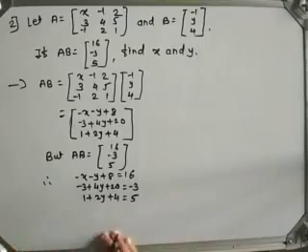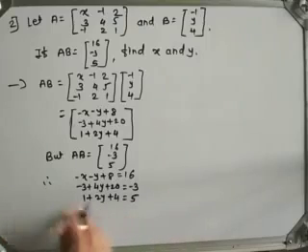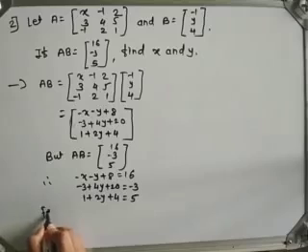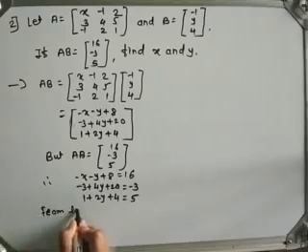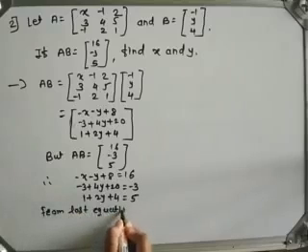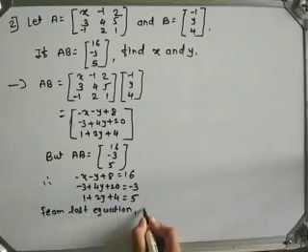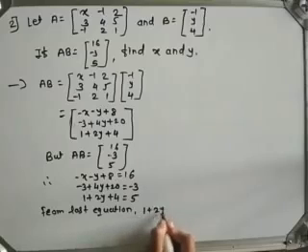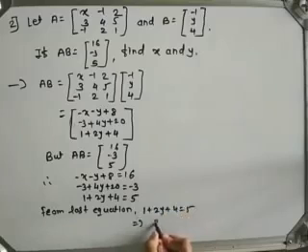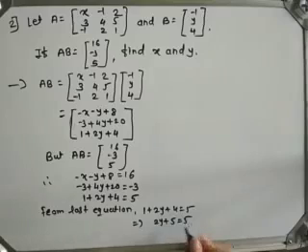Now we will solve this. From the last equation, what do we get? 1 plus 2y plus 4 is equal to 5. That implies 2y plus 1 plus 4 is 5, which is equal to 5.